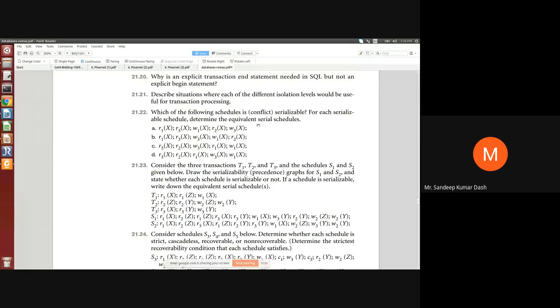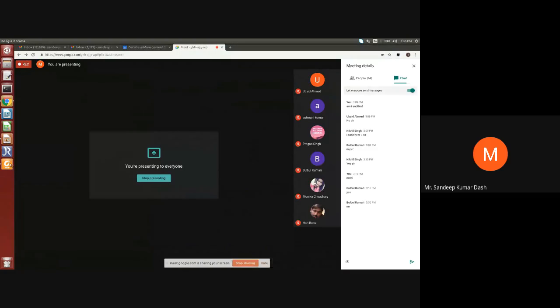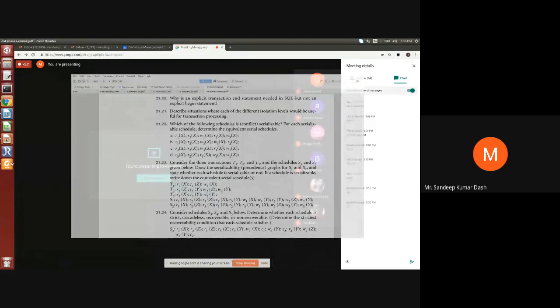You draw the figures and tell me which of these is serializable, which of these is not serializable. Last class I told you how to represent this in terms of the schedule diagram, the table. So do it now. I'll be waiting. You have to show the answer. The question is on the screen.